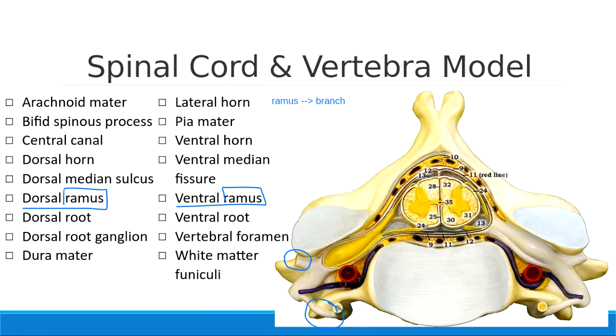My backside branch back here is the dorsal ramus, the one that comes off the back. My front side branch right here is the ventral ramus. This part that directly attaches to the spinal cord, remember, that part was not a ramus, that was a root. So roots attach to the spinal cord. Rami, technically, are these things that branch off after I've formed a spinal nerve, where the dorsal root and the ventral root come together.